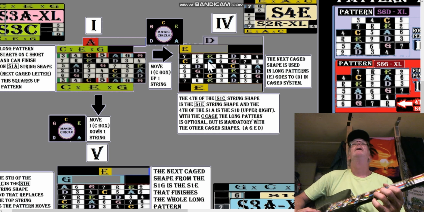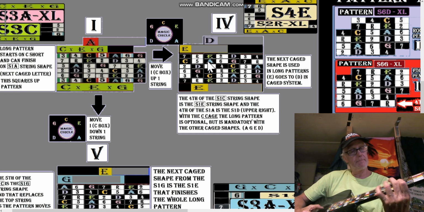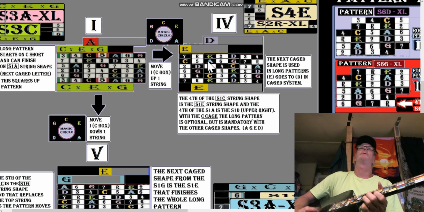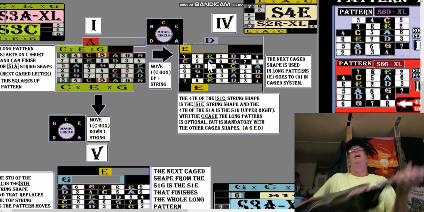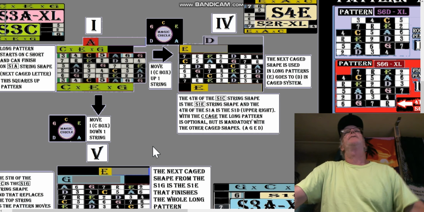Okay. So with that 5, 6, 7 there, we'd just be doing the 5, 6, and then, okay, so we're in the A cage there. So that's what I've got to say about moving patterns up.